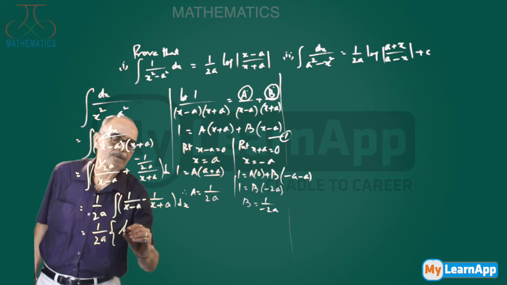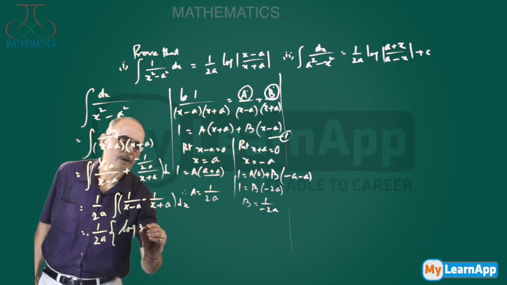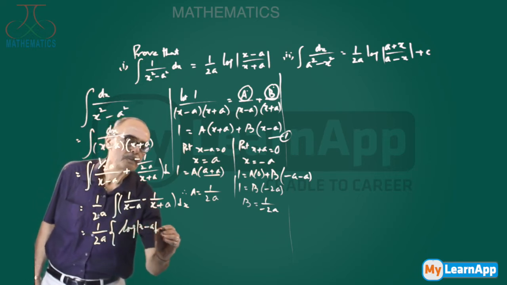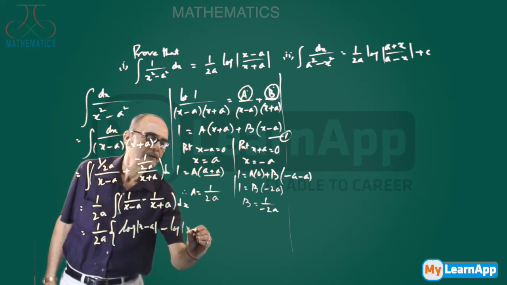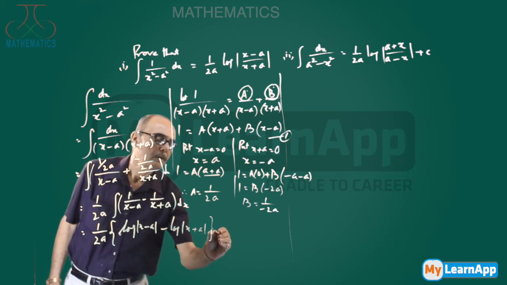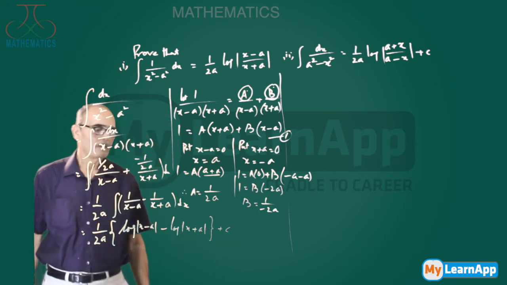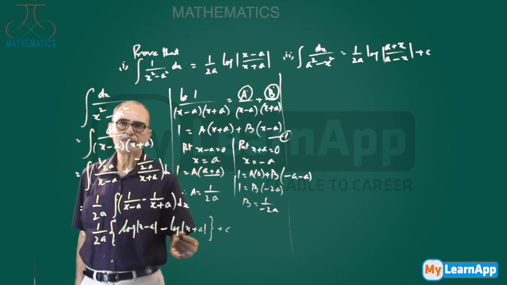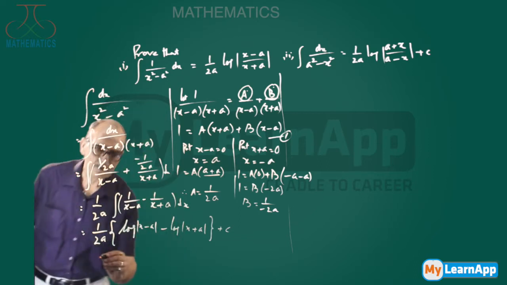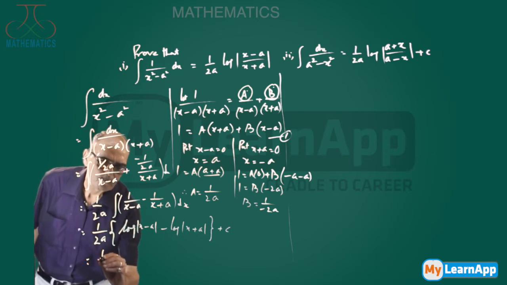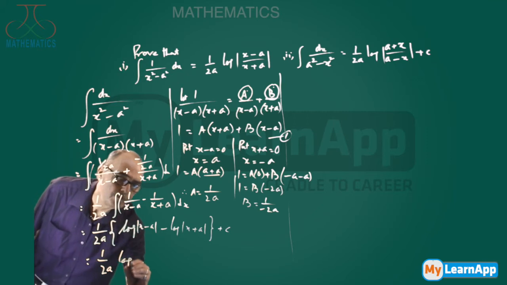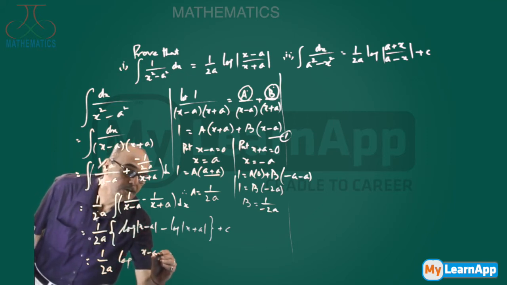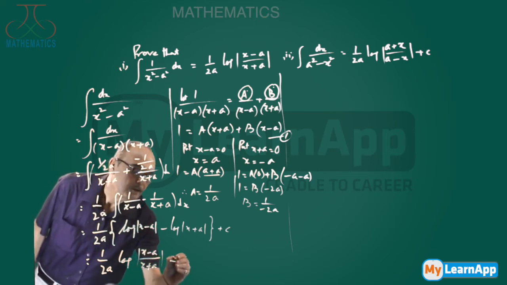So, integral of 1 upon x is log of (x minus a) minus log of (x plus a) plus constant c. Making use of the basic formulas of logarithm, we can write it as 1 by 2a log of (x minus a) upon (x plus a) plus constant c.